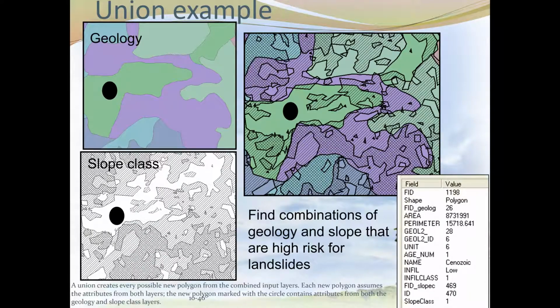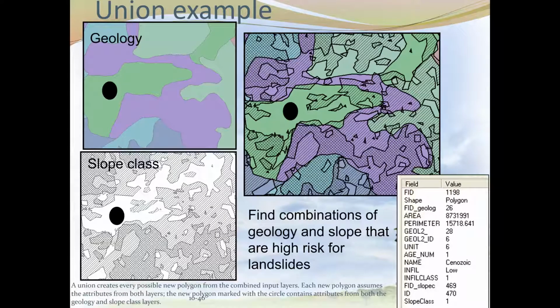It is expected that the entire map area will remain, but the new features will contain the attributes of both inputs. After a union, the usual next step is to perform attribute queries to find areas with specific combinations of attributes, or to symbolize the combinations to show areas of interest.